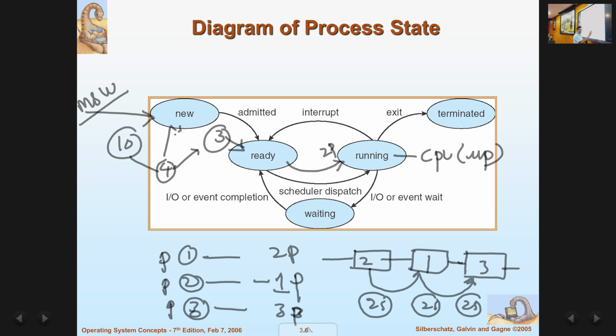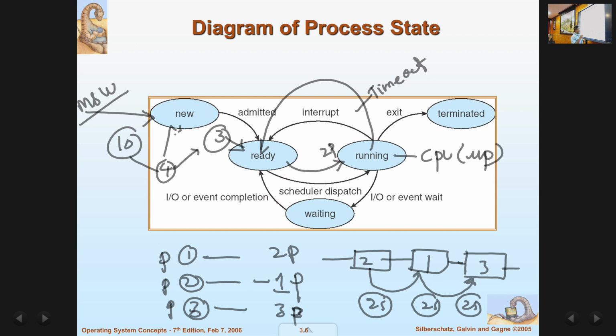In case process 2 needs more time, this process will be swapped out. It will be swapped out due to a timeout operation.